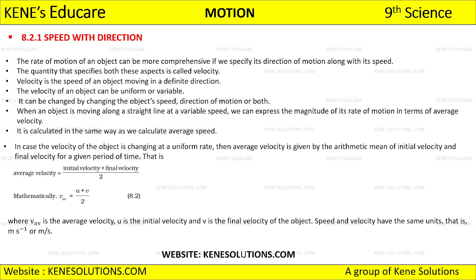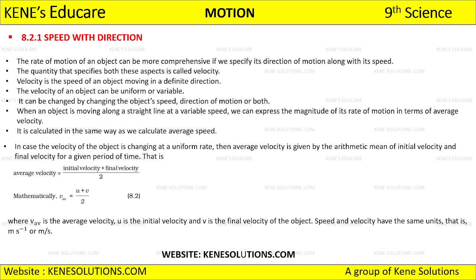So the quantity that specifies both these aspects, we know as velocity. What do we call it? Velocity. So velocity is the speed of an object moving in a definite direction.